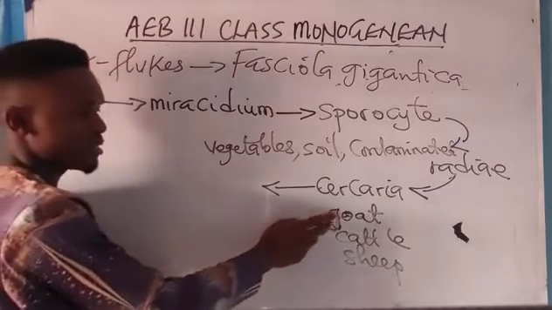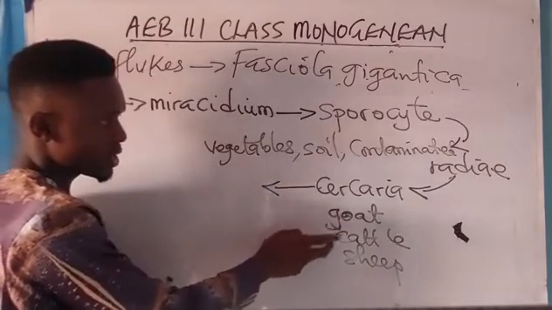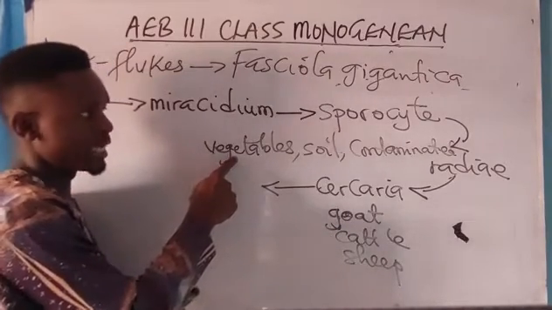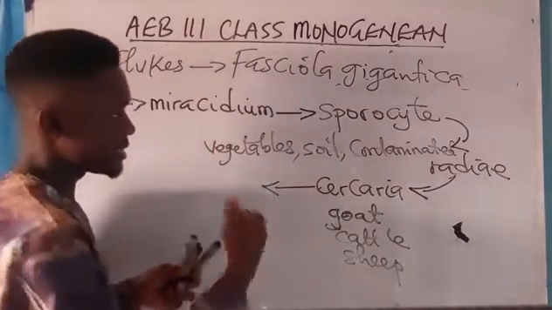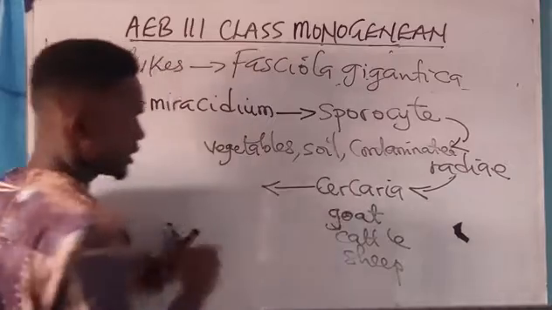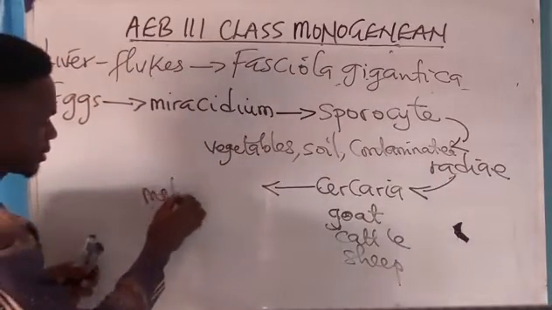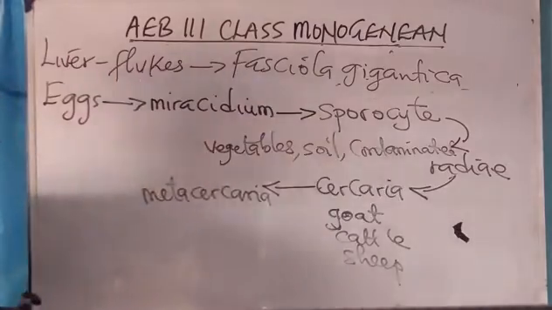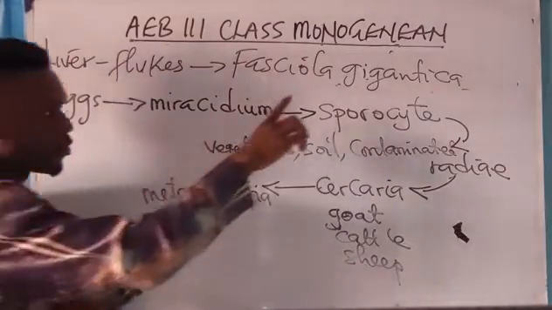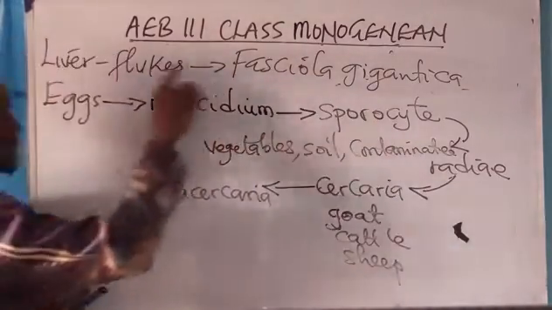Once these organisms feed on vegetables that have been encysted by the Cercaria, the encysted type of Cercaria is called what? Metacercaria. You see, so this is the life cycle of these organisms.